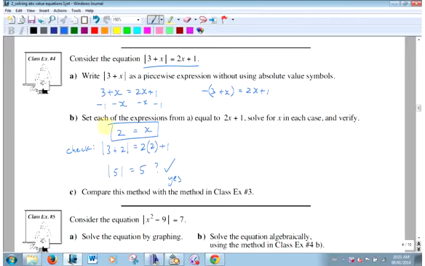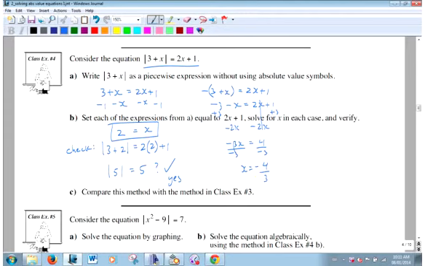Now remember, this other one doesn't work, but let's do it again. So minus 3 minus x is 2x plus 1. Let's do it the other way this time. Minus 2x from both sides, so that's minus 3x. Okay, so add 3 to both sides. That's 4. Divide by negative 3. Okay, so x is minus 4/3.